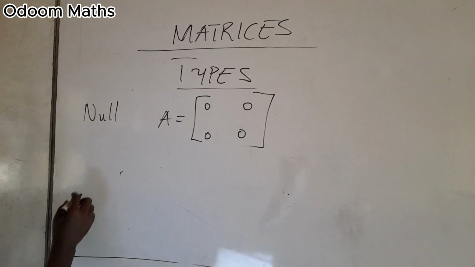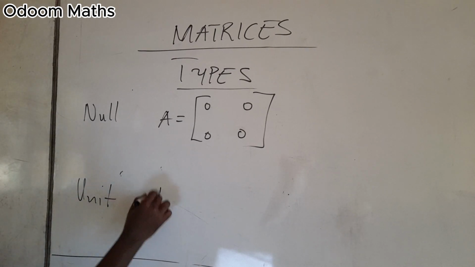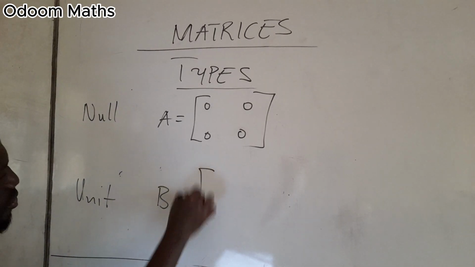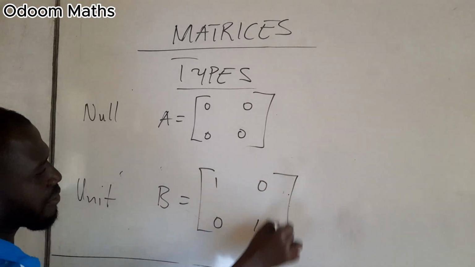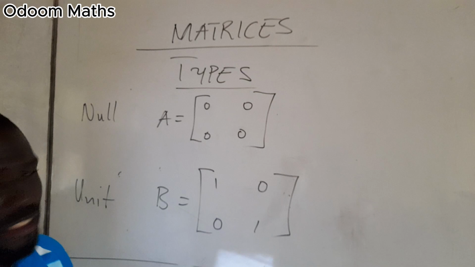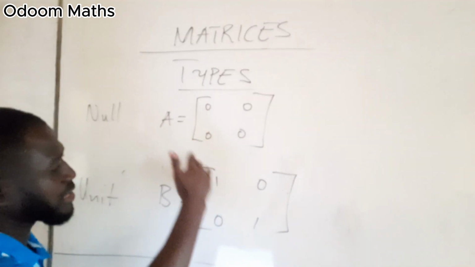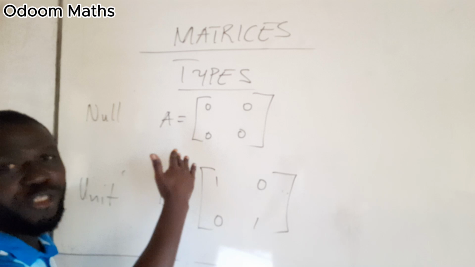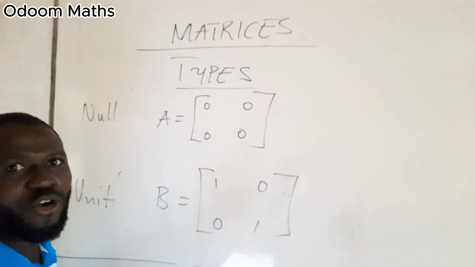Then we have another one, the unit matrix. Let's say matrix B is a unit matrix: 1, 0, 0, 1. Now, why is this a unit matrix? Before then, we call this diagonal the major diagonal, and we call this other diagonal the minor diagonal.